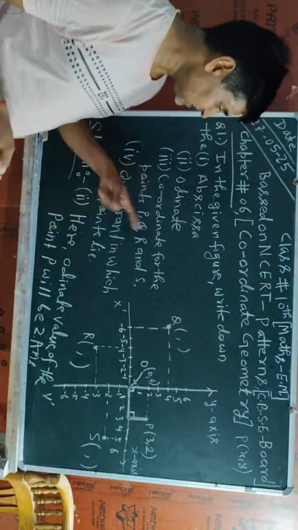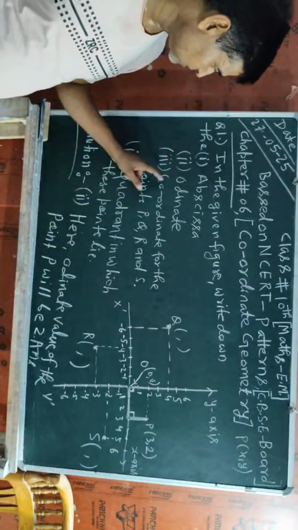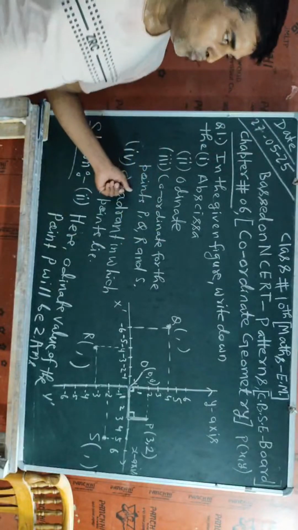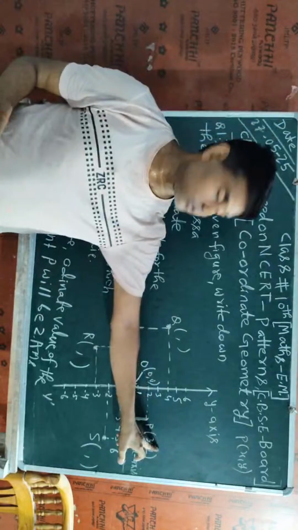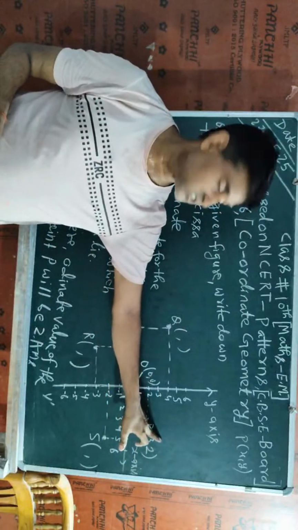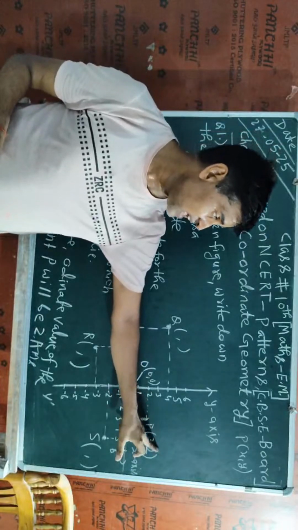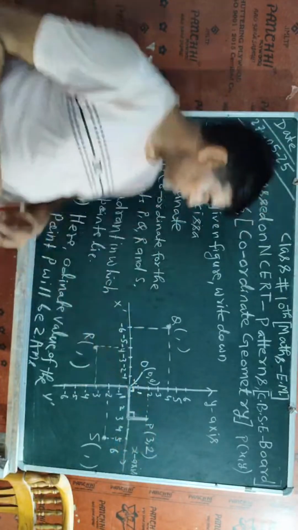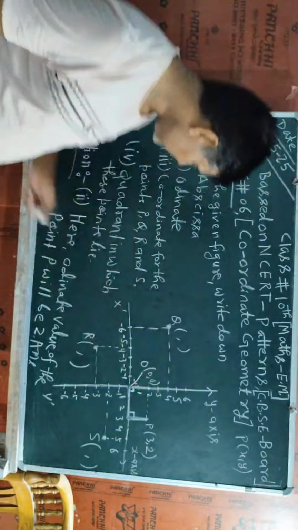So that information I will write here. The coordinate for the point P will be 3, 2, because 3 denotes the abscissa and 2 denotes the ordinate.